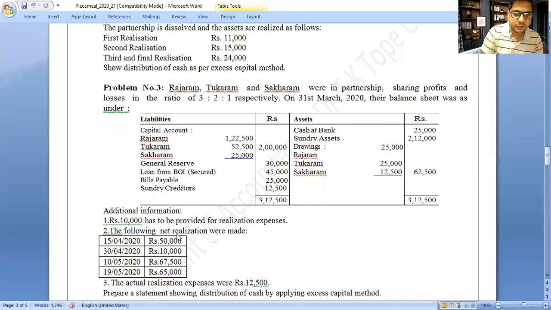Now in our problem, there is one sentence provided that we are going to discuss. Third point: actual realization expenses were rupees 12,500.